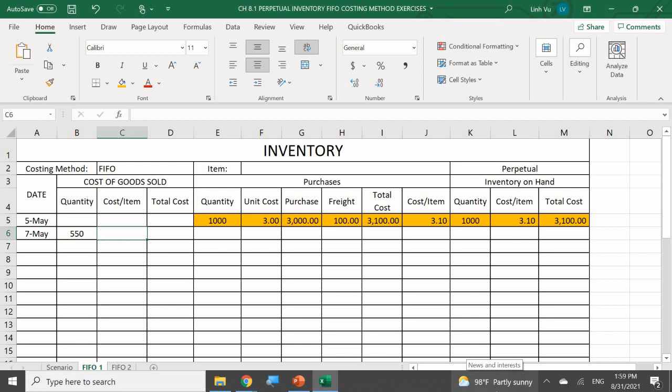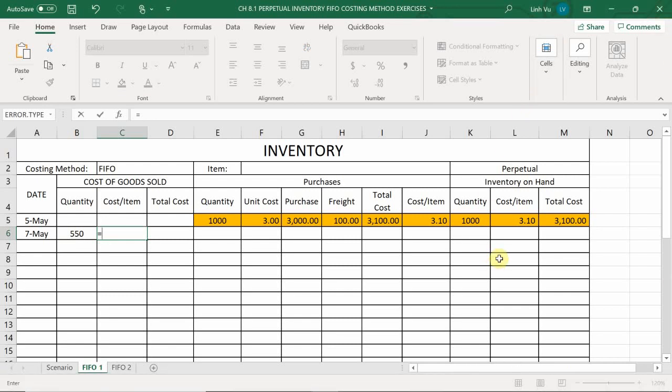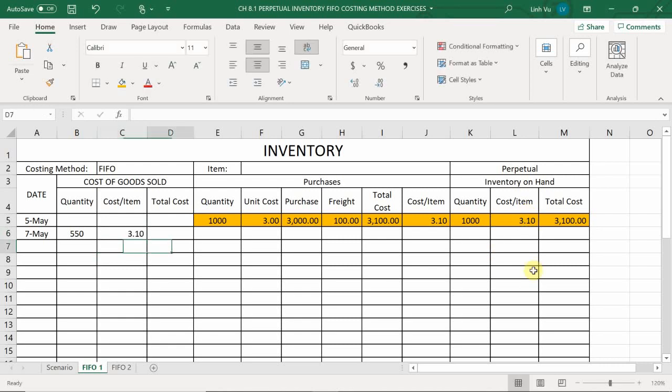We only have one batch of inventory, this orange batch. How much is it going to cost me to sell the orange batch? What's the cost per item for the orange batch? $3.10, right?